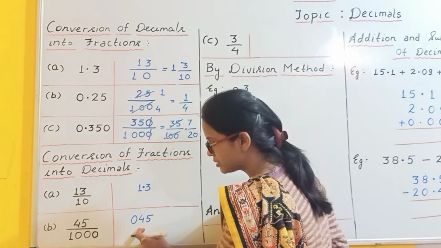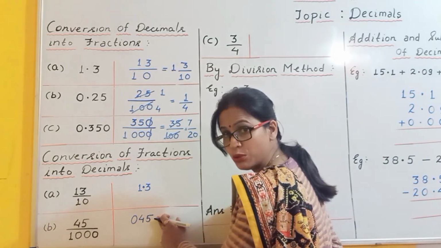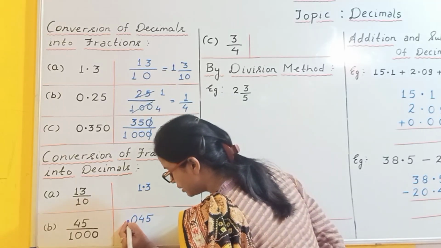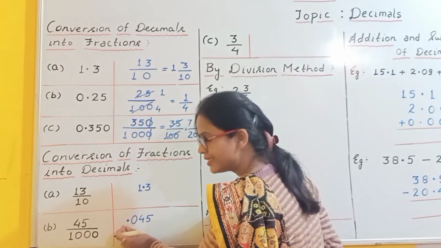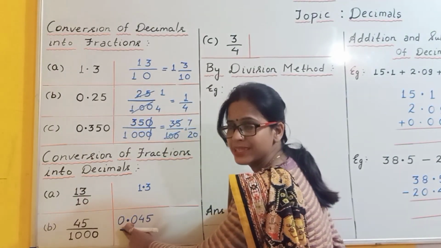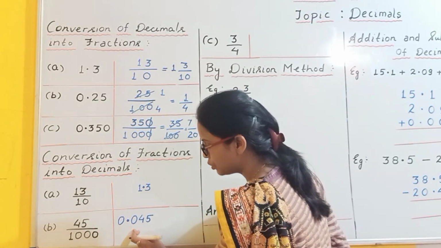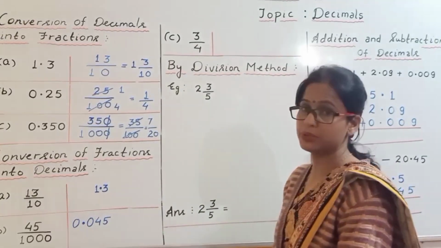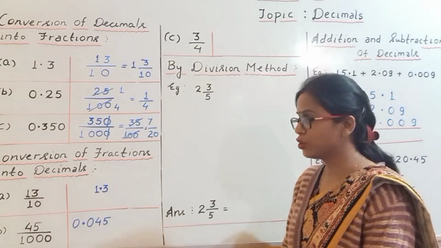Now we have 3 digits. Now we put the decimal from the right hand side counting 3 digits: 1, 2 and 3. Here we will put the decimal. Now children, we don't write the decimal in the beginning, so we will write 0 here. It represents that the whole number is 0. So the obtained decimal is 0.045.